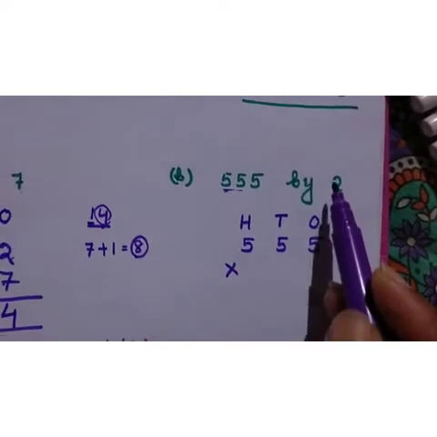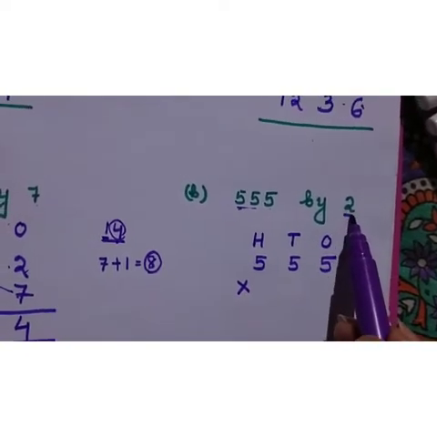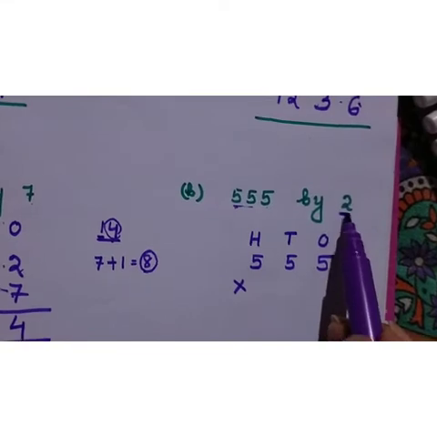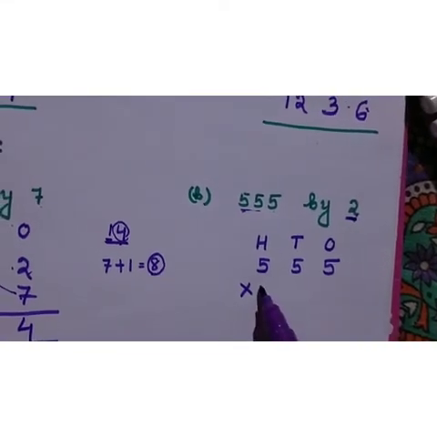Multiplied by 2. So 2 is your single digit number, right? So can you write 2 under the hundreds column?